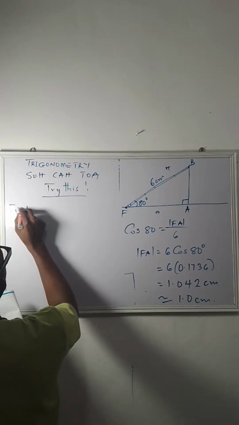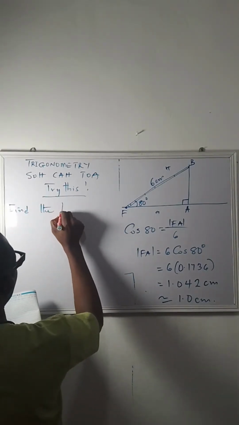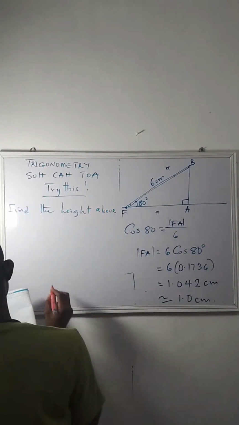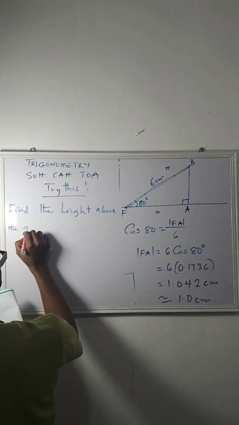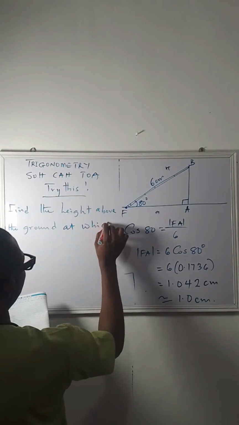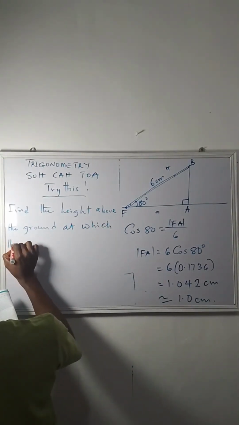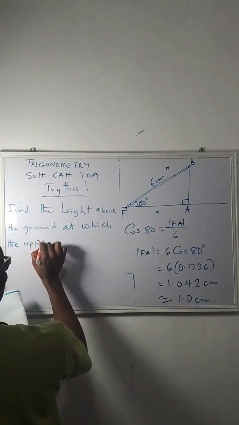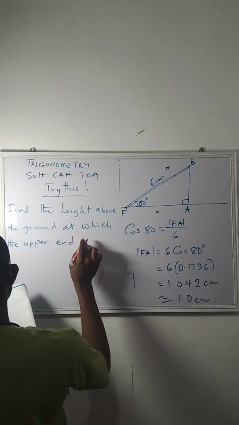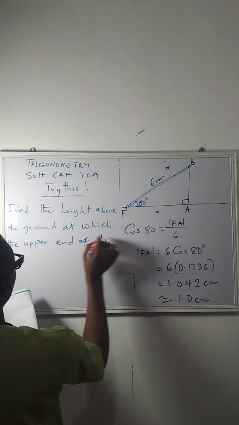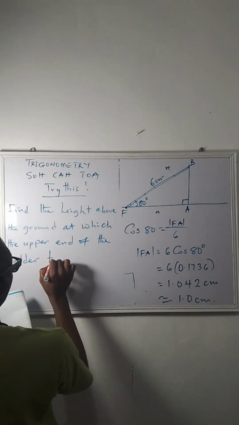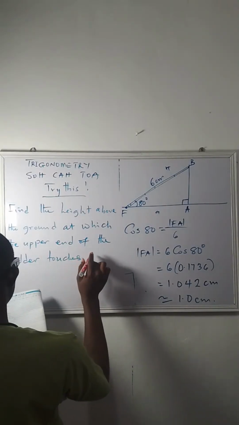Find the height above the ground at which the upper end of the ladder touches the wall.